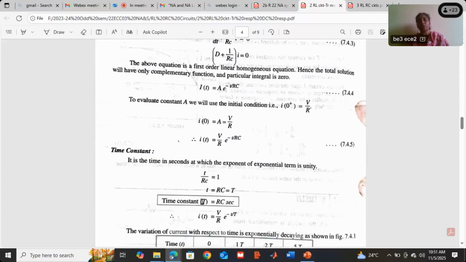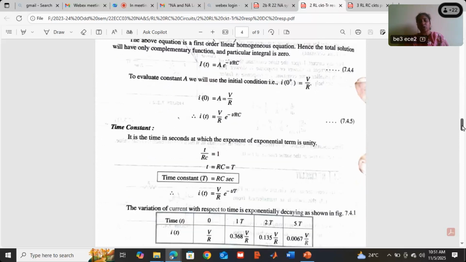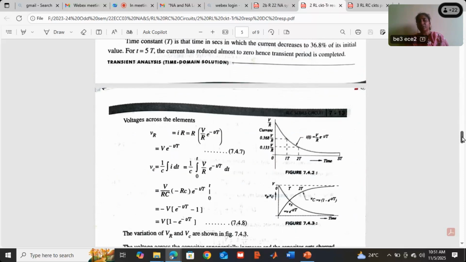The time constant is L by R in the RL circuit; in the RC circuit, R into C is the time constant. The graph shows current is a decreasing graph. VR is also a decreasing graph. Current and VR will look similar. VC is an increasing graph.